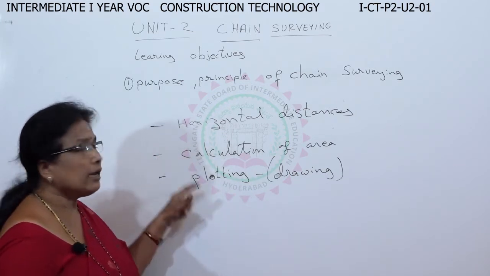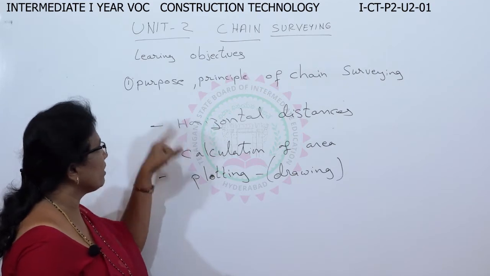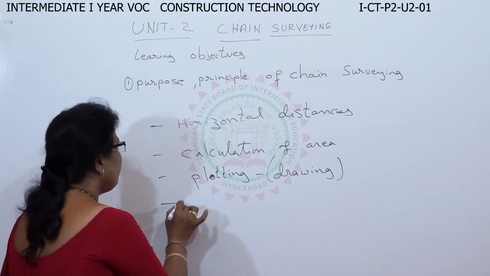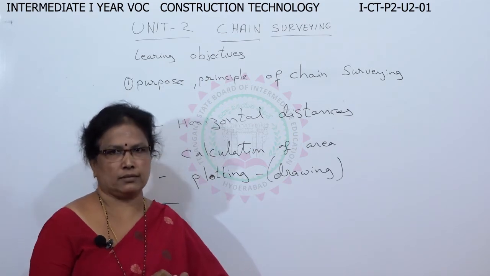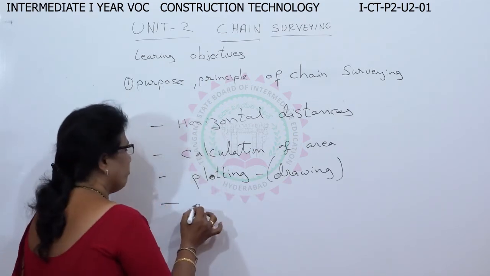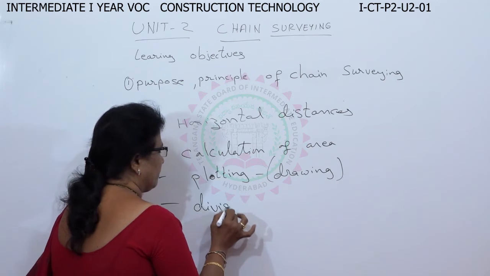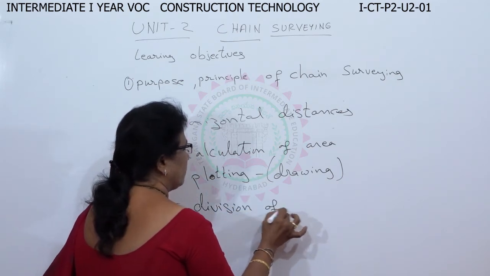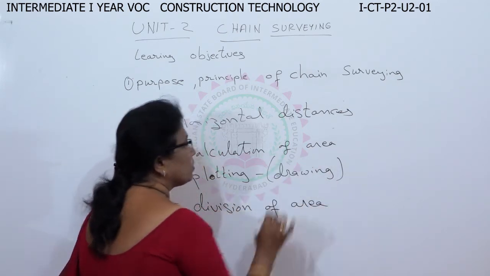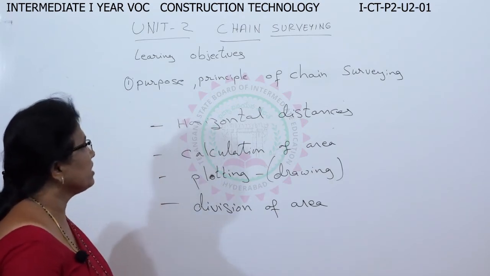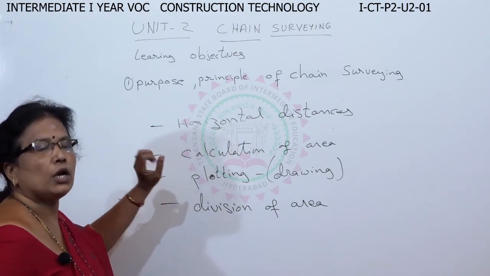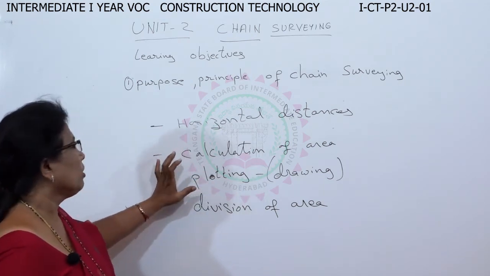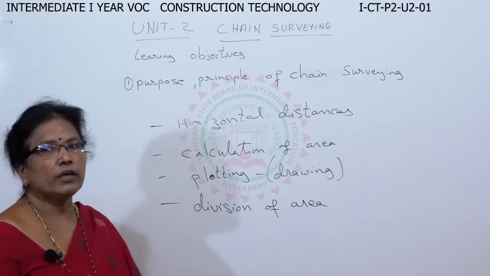Then afterwards, in chain surveying, the other main purpose is we will divide the large area into small parts, the division of area. So these are the purposes of chain surveying: to measure the horizontal distance, to calculate the area, for plotting, and for division of the area.